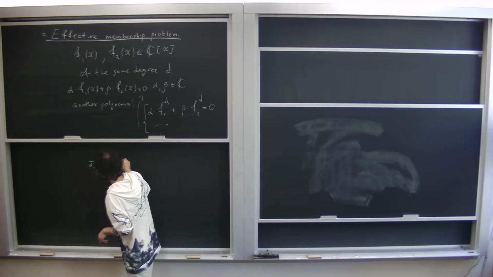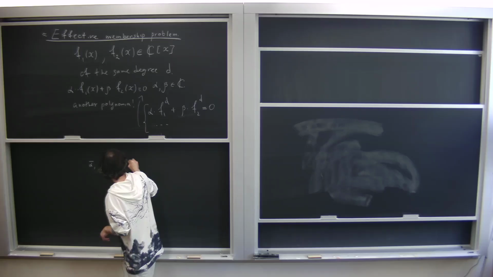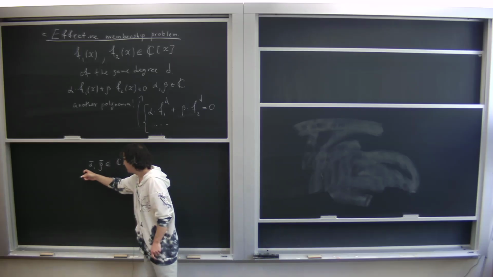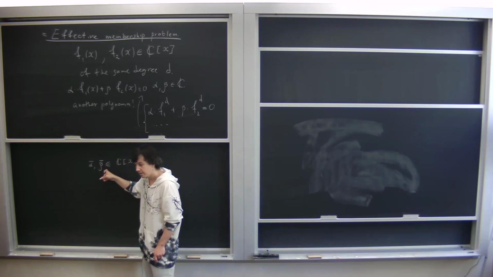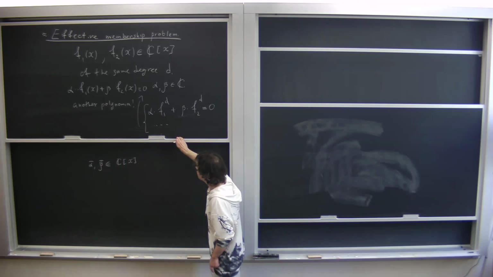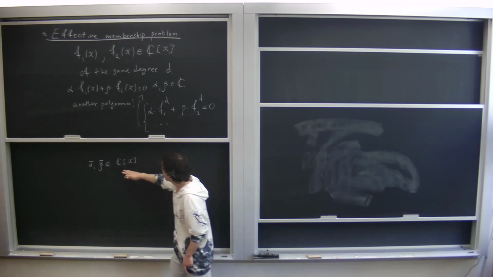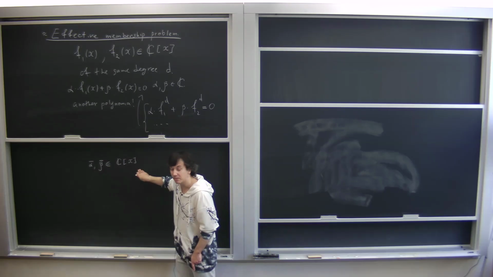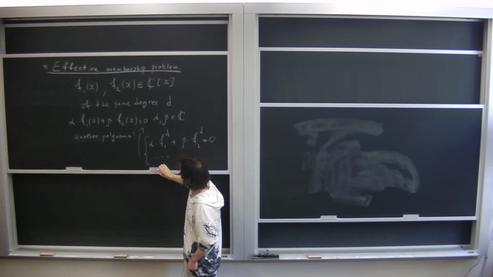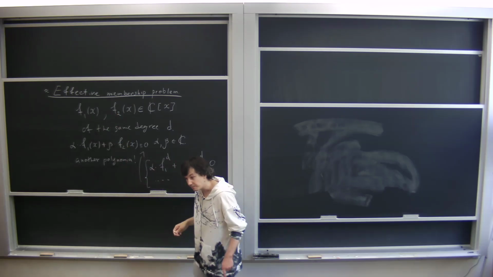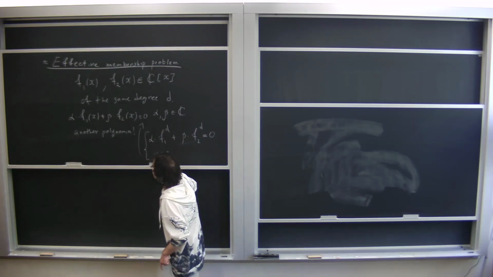So for now, let alpha and beta be a new couple of coefficients, but they are not just scalars anymore. We take them from the ring of polynomials, from the same world where f1 and f2 have come.